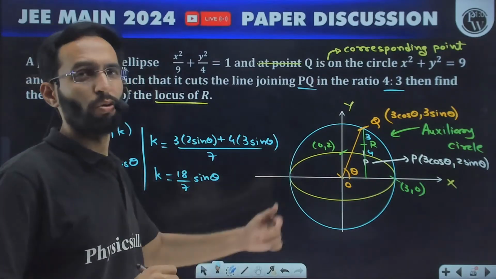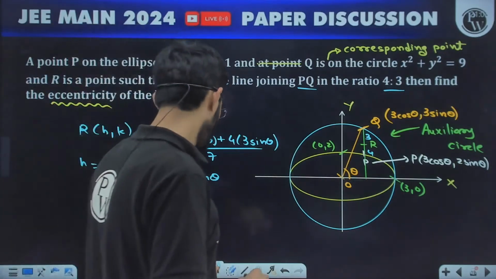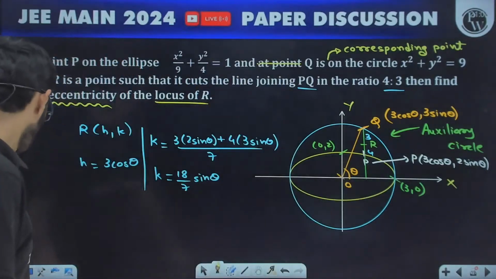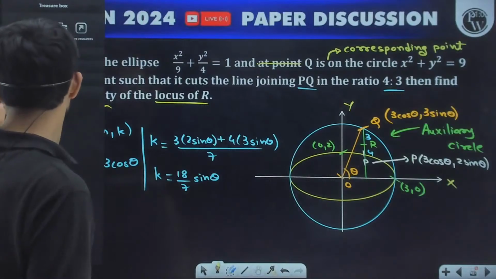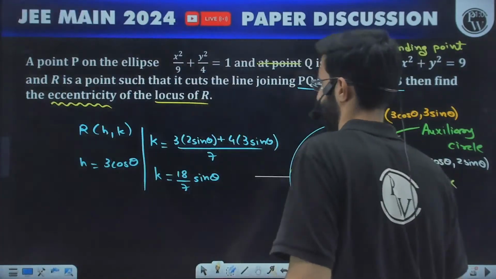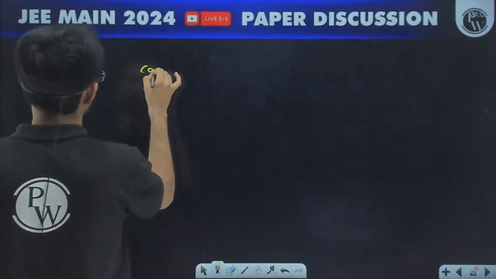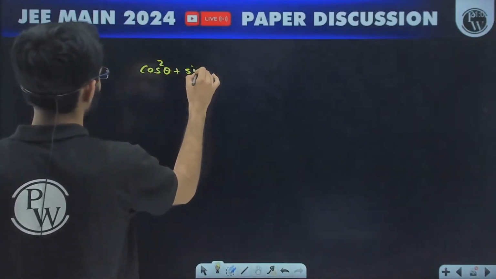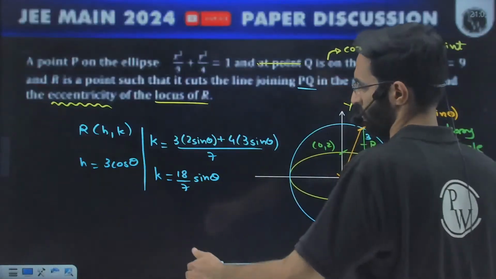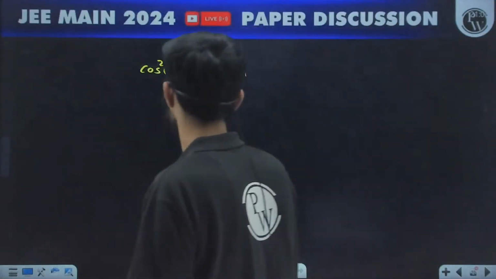Now we need to find the locus of this point R. For that, we know the relationship between cos square and sin square. Cos square theta plus sin square theta will become 1. So what will be the value of cos square theta, students? Cos square theta will be (h by 3) whole square.